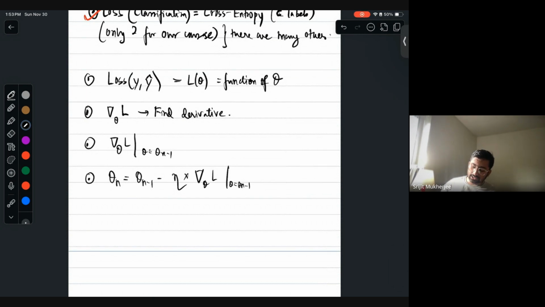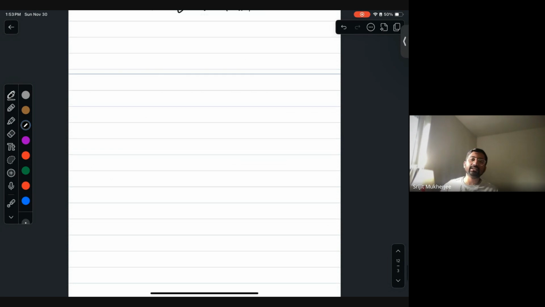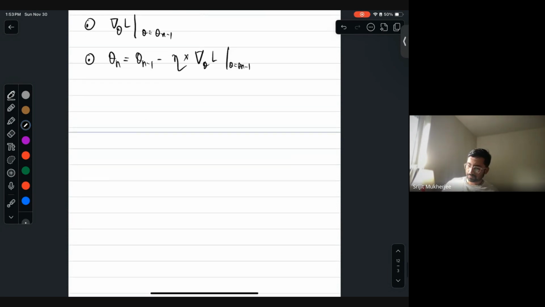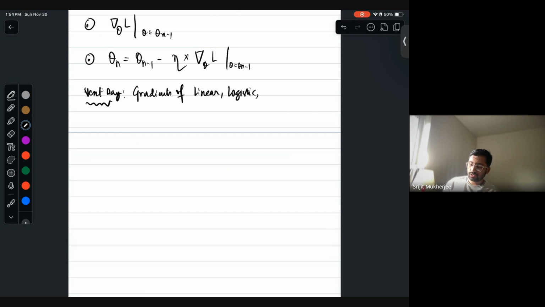Let's try to revise the linear. Rather, I will give it as homework for next week, and we'll discuss it. So next day, we will find gradients of linear, logistic, shallow, and deep neural networks.